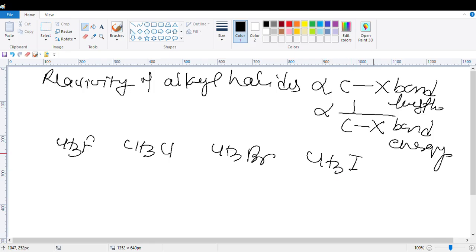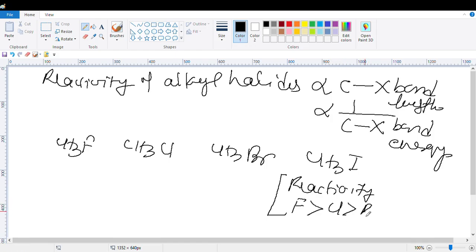Alkyl group is same, but your halogens are different. So we will not decide the reactivity of alkyl halide on the basis of reactivity of fluorine. As we know, the reactivity of halogens is fluorine, chlorine, bromine and iodine, and it should come to your mind that fluorine is most reactive, so the alkyl fluoride will be the most reactive. No, but here reactivity depends on the C-X bond length.